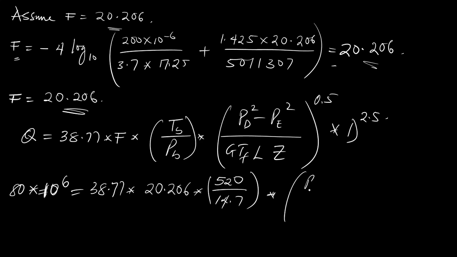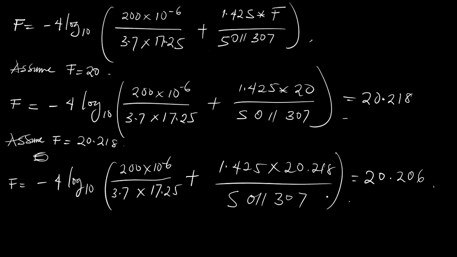You have PD. We're looking for PD square minus E square, which is 414.7 square divided by G, which is gas gravity, 0.6, divided by gas temperature, which is 540, divided by the total length of DE.